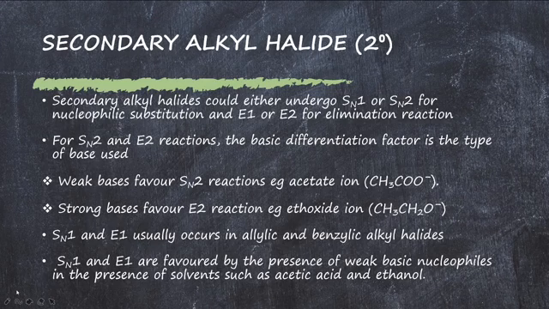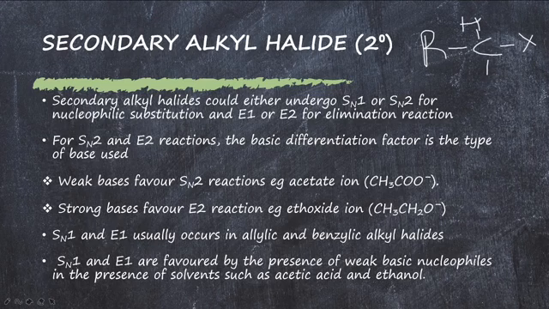Now, SN1 and E1 usually occur in the presence of allylic or benzylic alkyl halides. That means they are mostly formed when a benzylic or an allylic alkyl halide is present in the structure. What that is trying to say is that a secondary alkyl halide has the carbon and the halogen, the X group. Because it's a secondary alkyl halide, it's meant to have two alkyl groups and one halogen group.